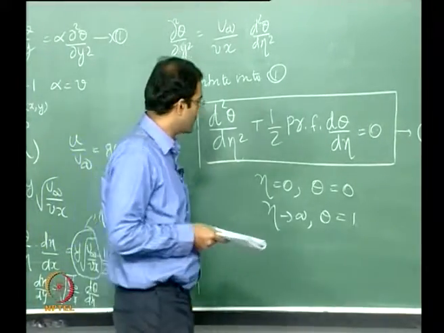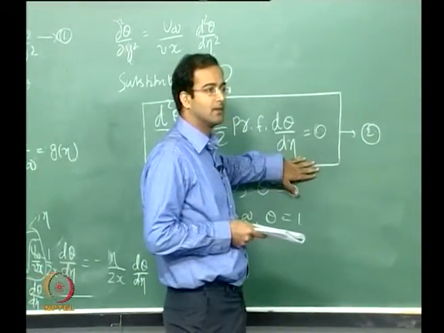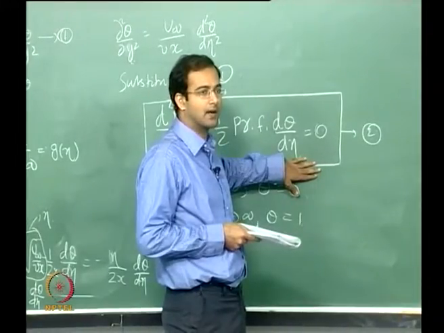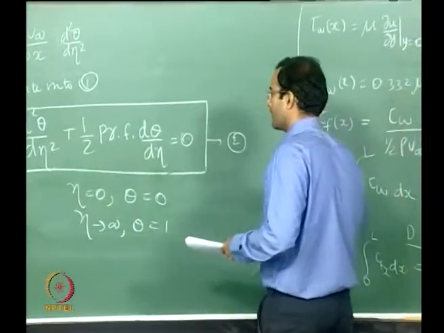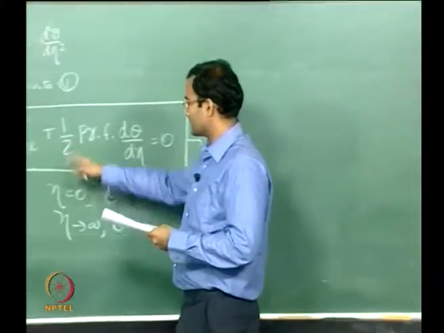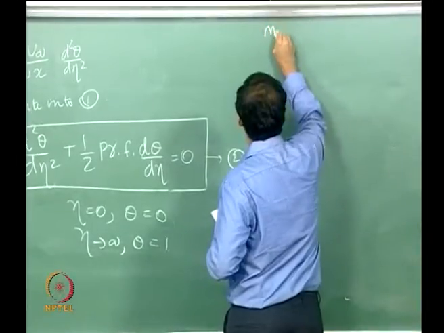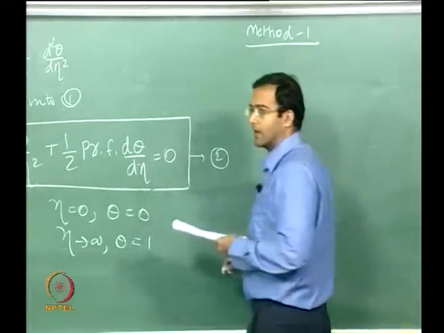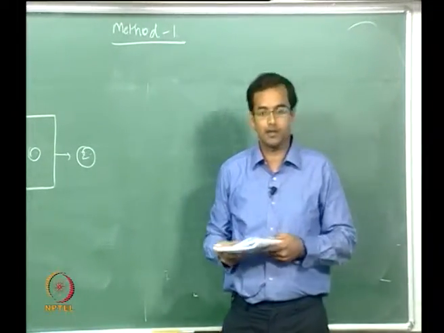Of course, this equation is easier to solve numerically by integrating it rather than the shooting method that we had used. So I will give you that method first before we find the solution by the shooting method. This is solution method 1. Although it looks like an analytical method, finally we end up with an expression which has to be evaluated numerically.